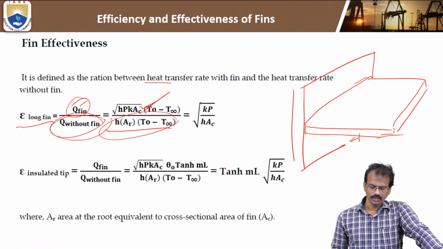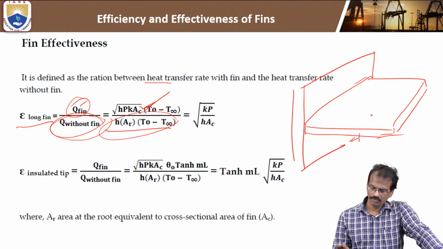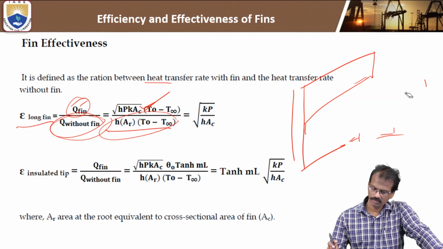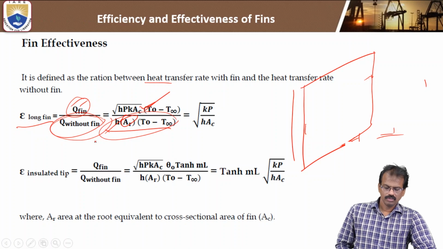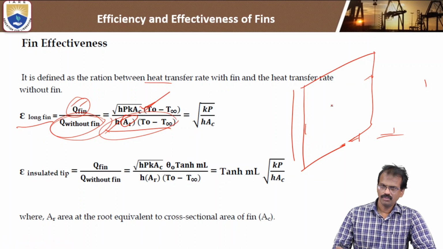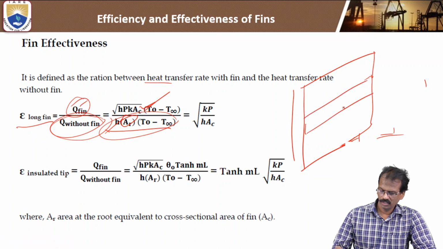If you remove this fin, the heat transfer rate is through this particular area, otherwise this one. That shows the area A_R. So without fin, with fin: this particular attached area of the fin, I have to cancel this one. This area is equal to A_R.